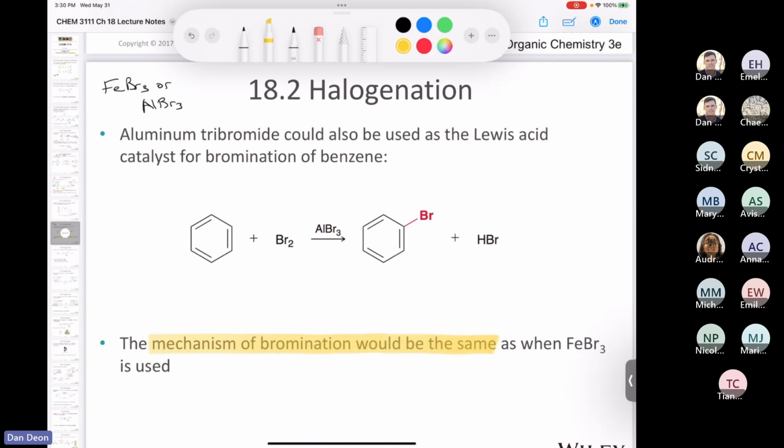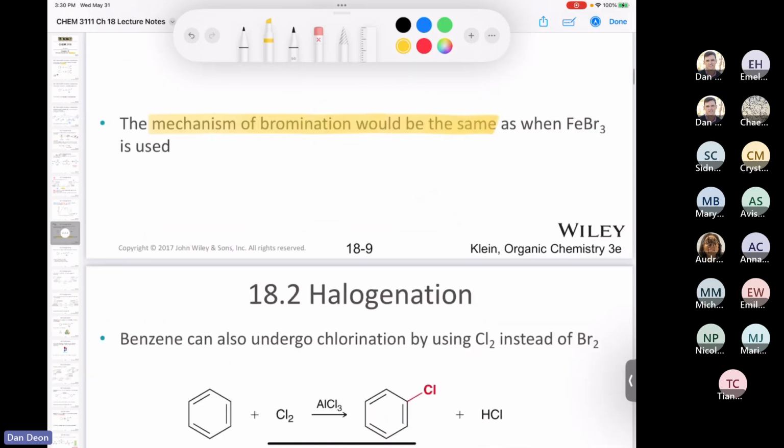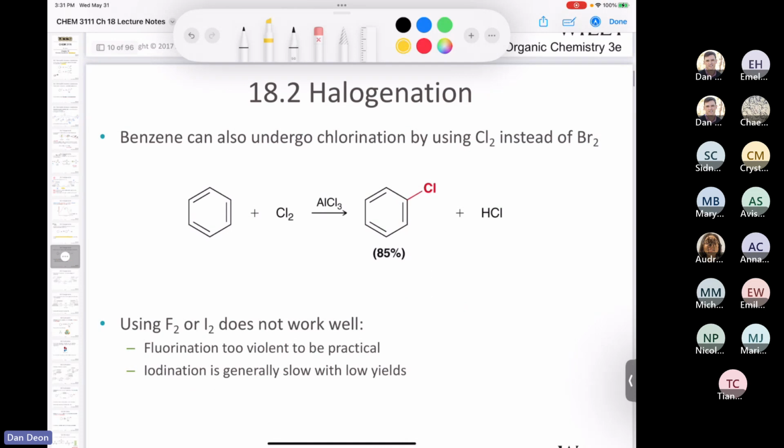And you can even use aluminum trichloride as a Lewis acid. So you can use AlCl3 to behave as your Lewis acid to affect a chlorination. So now we've covered bromination with Br2 and FeBr3, or AlBr3, either one works. And now we've covered chlorination with chlorine and AlCl3.